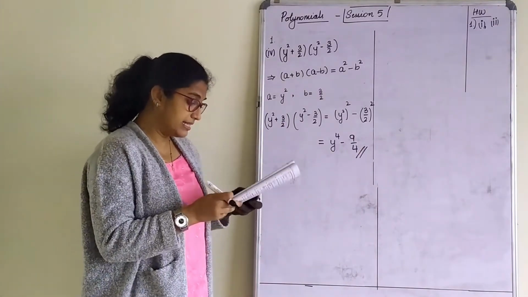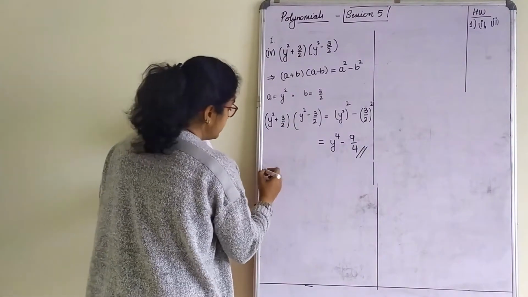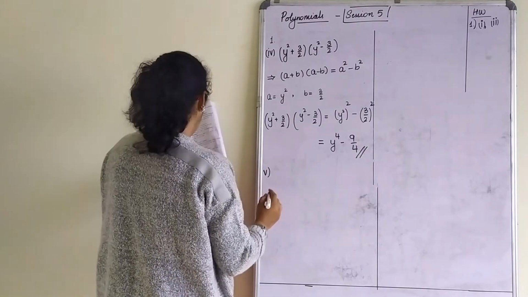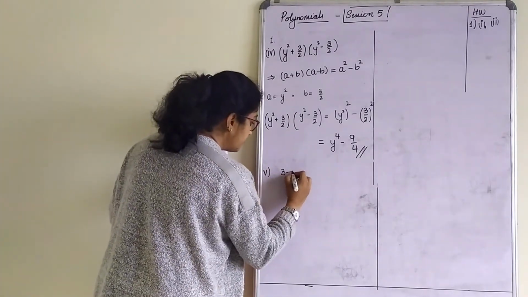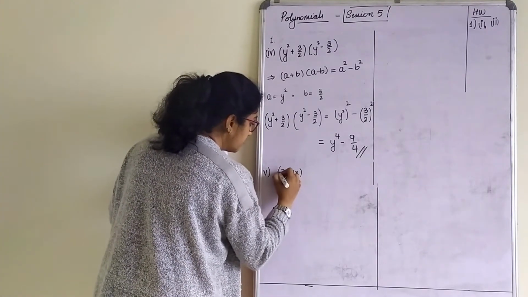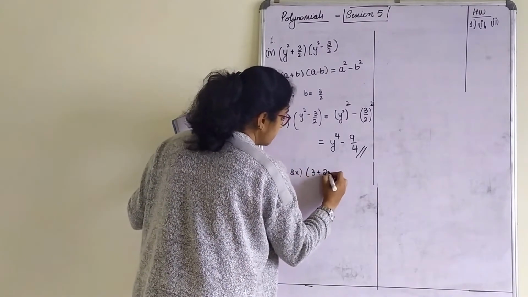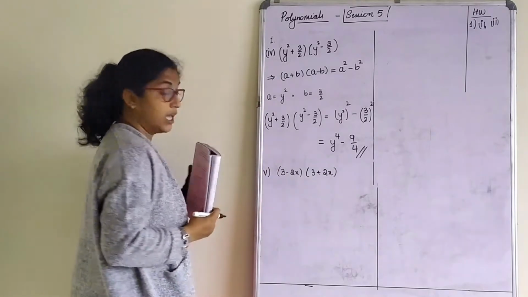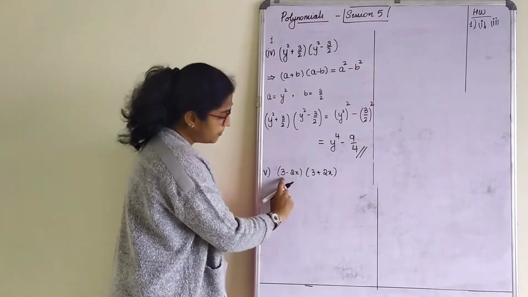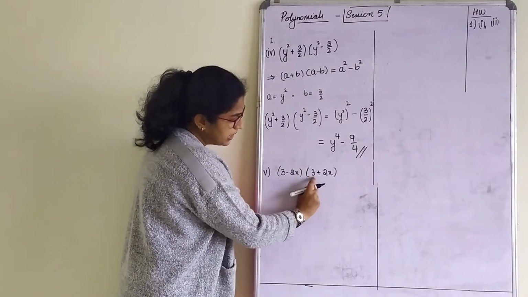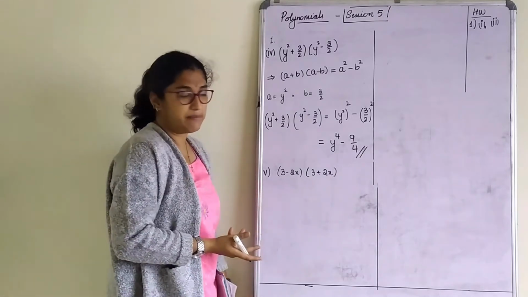Simple? Yes. The last one, that is the fifth one: (3 - 2x)(3 + 2x). Again, is this the same form, (a - b)(a + b)? It's the same identity.